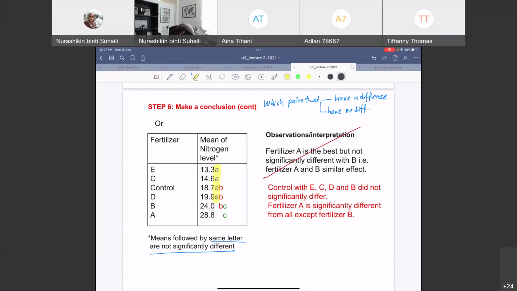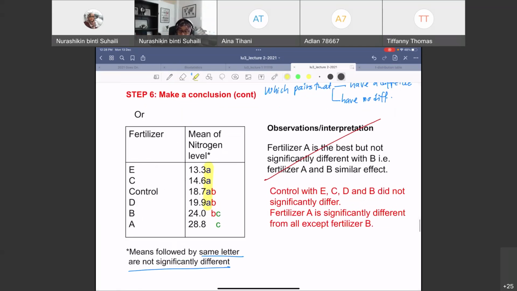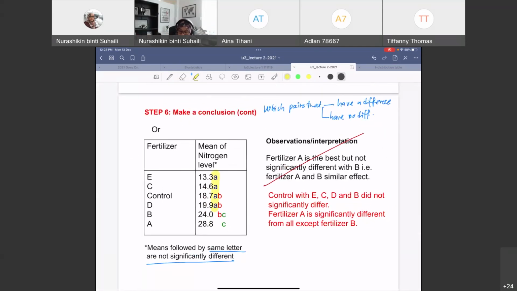What is meant by same letter, they would denote with letters A until C. So means those followed by the same letter are not significantly different.